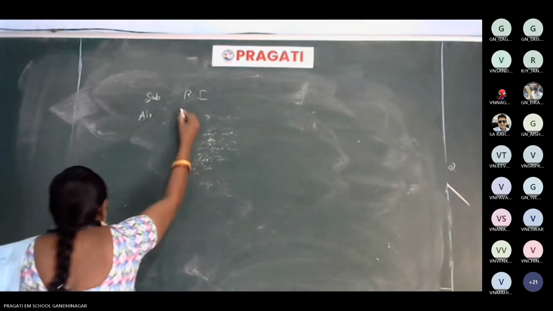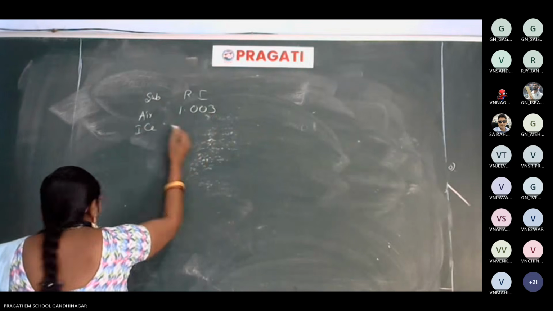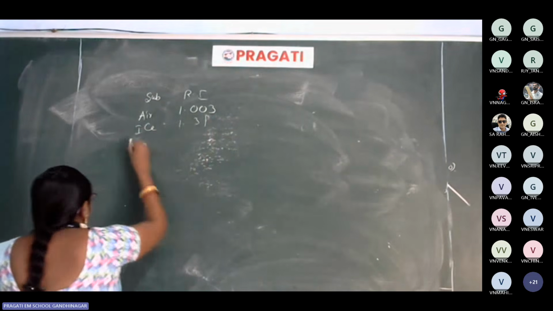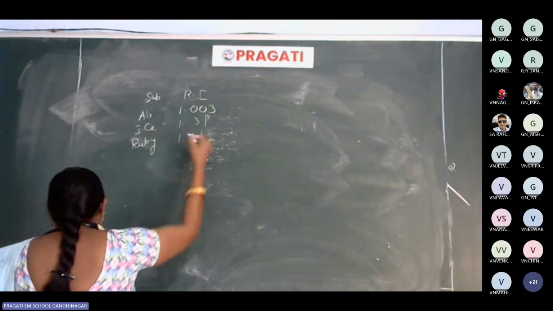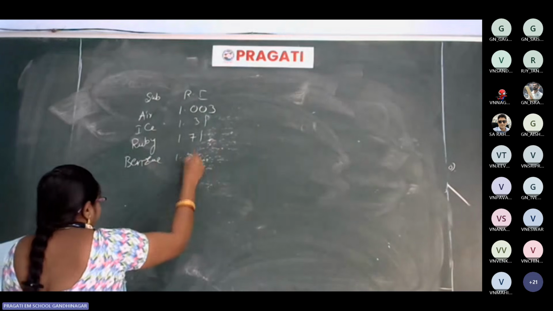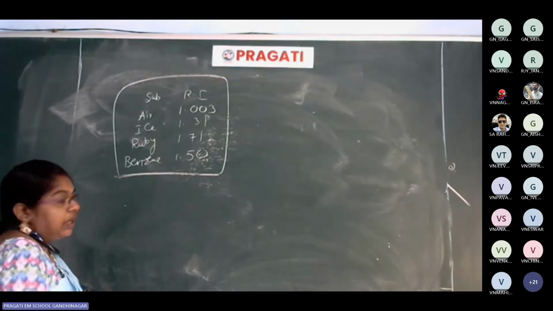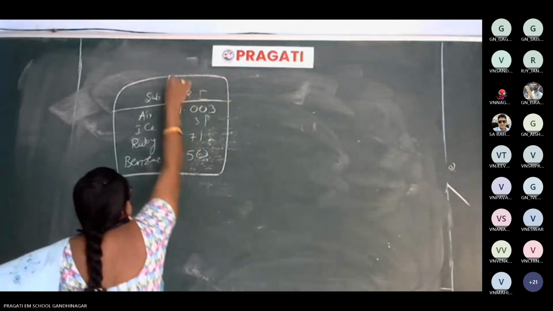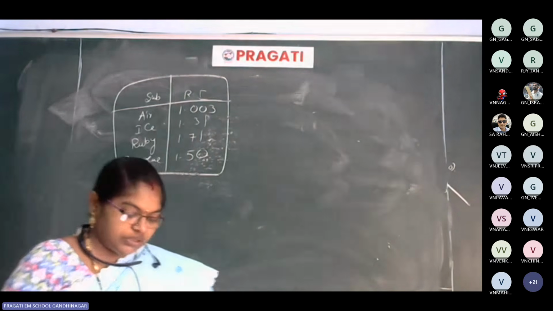Air 1.003, ice 1.31, ruby 1.71, benzene 1.50. Yes, the table is given like this. Now he has 4 questions regarding this table.